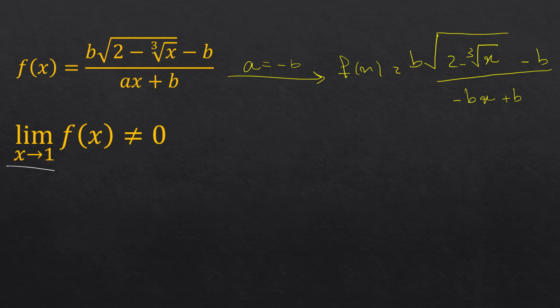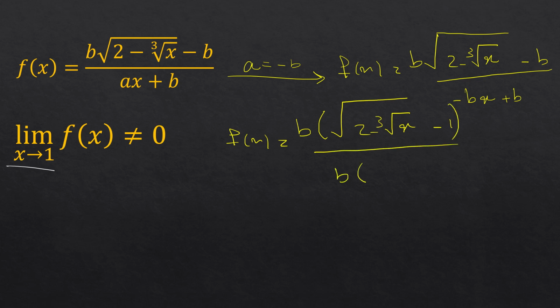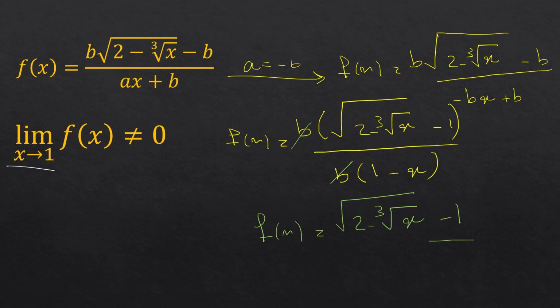Okay, and from here I can factorize b, then I can write f of x equals b times square root of 2 minus third root of x minus 1 over b times minus x plus 1, or I would write it as 1 minus x. Okay, and well, this and this cancel out each other, and what is left is f of x equals square root of 2 minus third root of x minus 1 over 1 minus x.